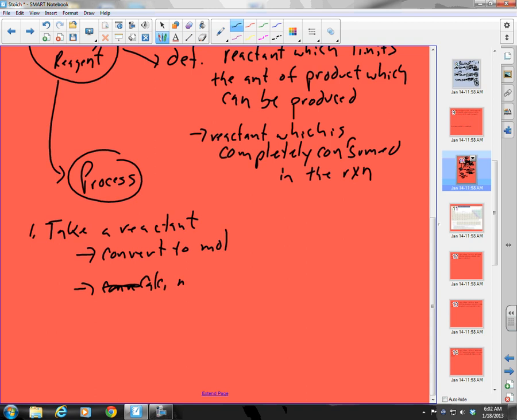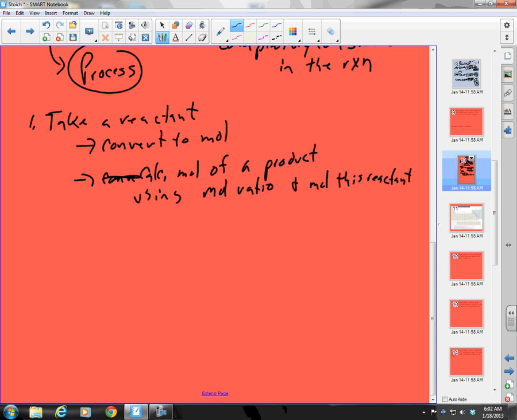Calculate moles of a product using mole ratio and moles of this reactant, just to clarify that. Okay. And how are we going to do that? We're going to use mole ratio, sorry.